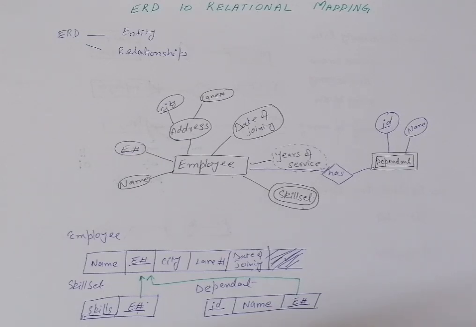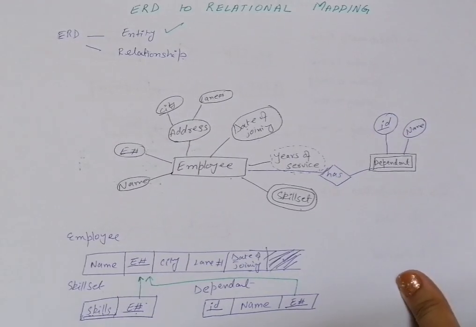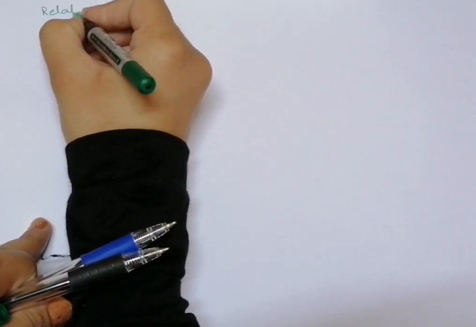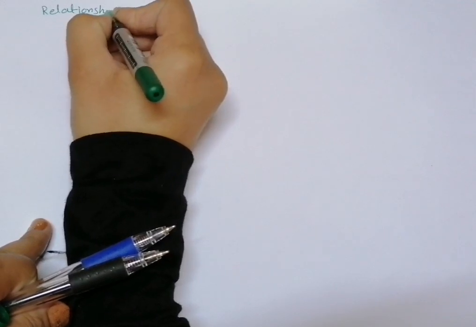Now we have covered this part. Now we will look at how we can convert a particular relationship into a relational model. Whenever we talk about relationships, we have to look for constraints. We have two different types of constraints.